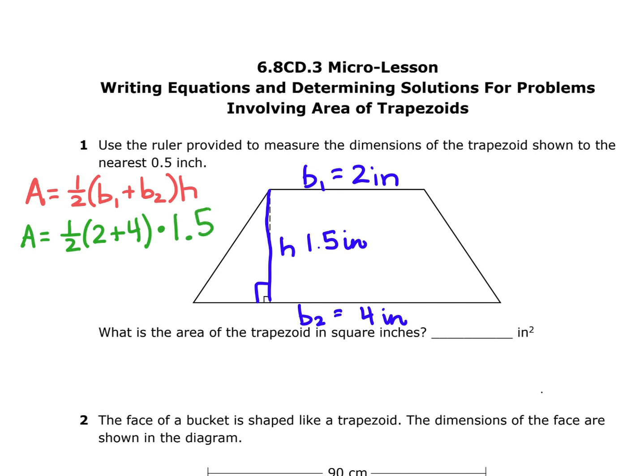You could have also put that in parentheses like this, so you know that you're going to multiply that. Either way is fine. It doesn't change the value. It just lets you know that you're multiplying.